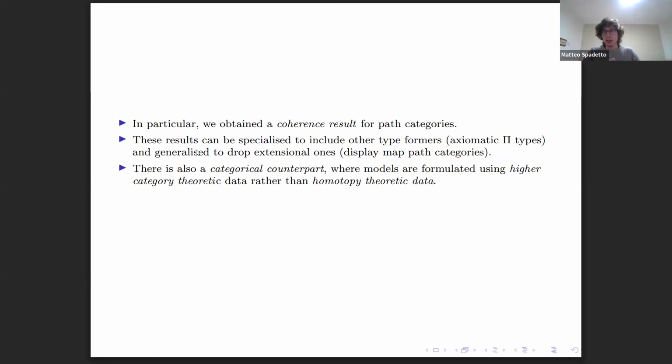And now I would like to briefly move back to the higher categorical formulation of axiomatic type formers, axiomatic identity types. I want to briefly explain that there are also higher category theoretic data rather than homotopy theoretic data to talk about axiomatic type theory in a model.